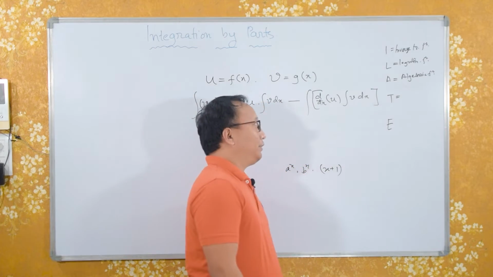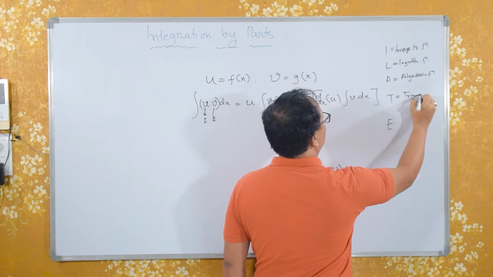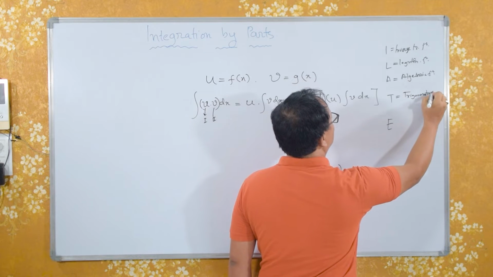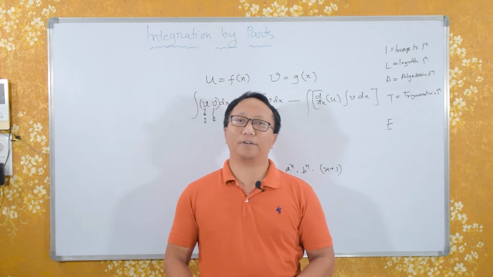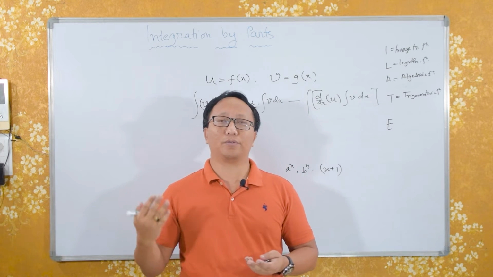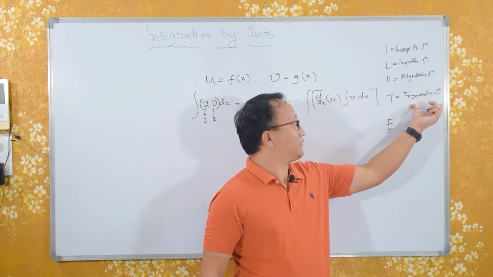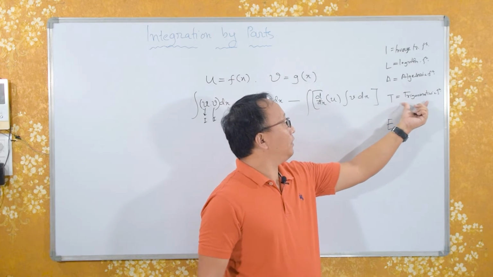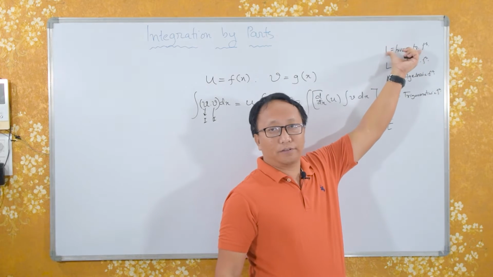Next is trigonometric functions. Trigonometric functions are functions like sin x, cos x, tan x, cosec x. But be careful about the difference between trigonometric functions and inverse trigonometric functions.